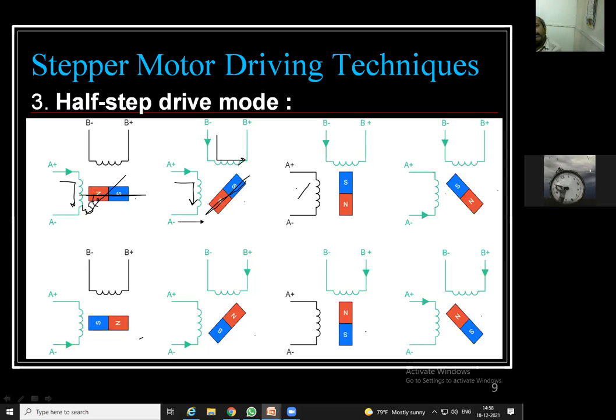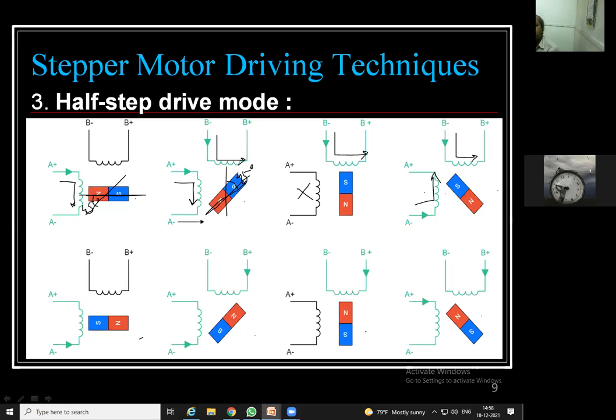Next one, again, B is not energized. The current in A is as it is. So again the direction is changed from here to here. So the angle is again 45 degree. The same, again energize the A coil, the current flows from this side, and B coil as it is.